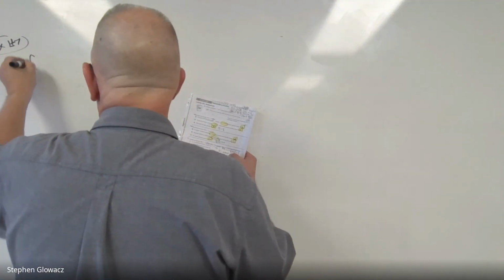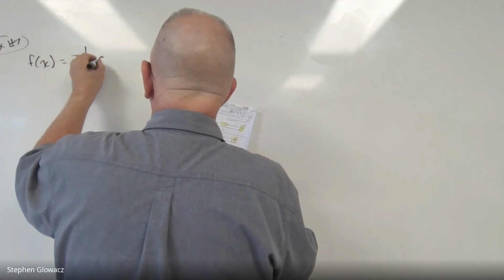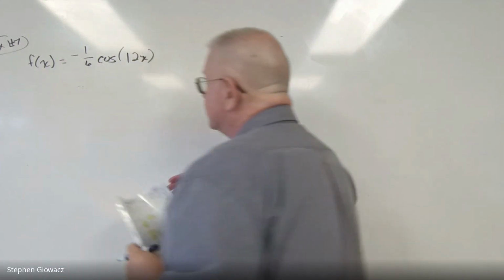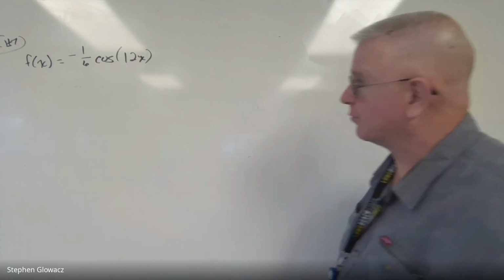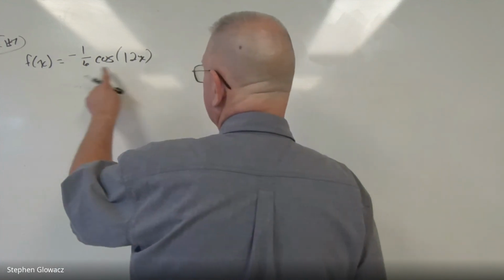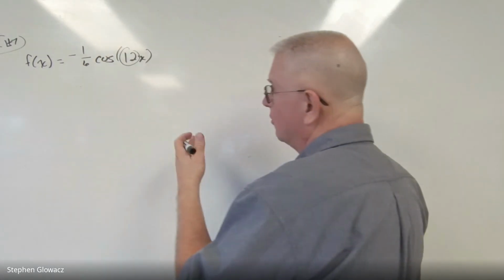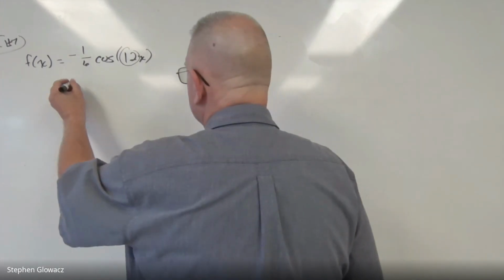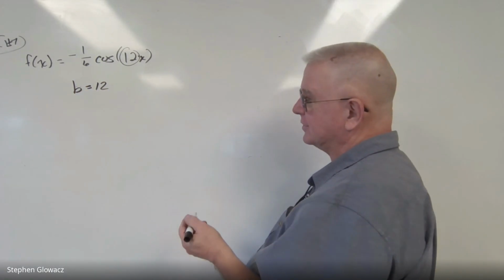We have f of x equals negative 1/6 cosine of 12x. Remember, since we're only dealing with the horizontal stretch or compression, this is A, this is B. The horizontal comes from whatever B is, and B is 12 here. And remember, with horizontal, we have to take the reciprocal.